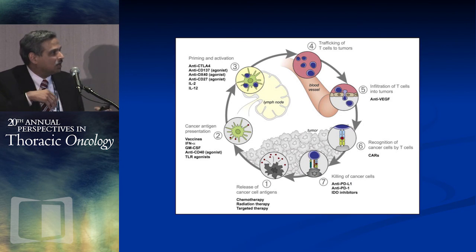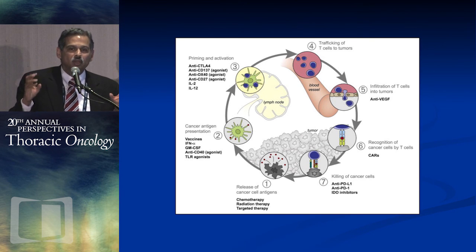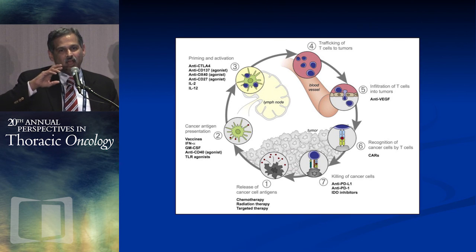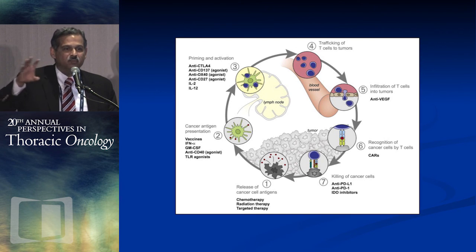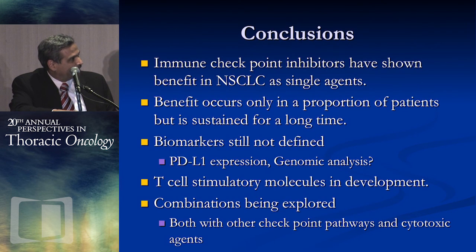And as Dr. Haas mentioned, we need a better understanding of this immune cycle as to what molecules make most sense. And it may vary what combinations will be most effective in different patients based on the specificities of that patient's particular tumor profile.